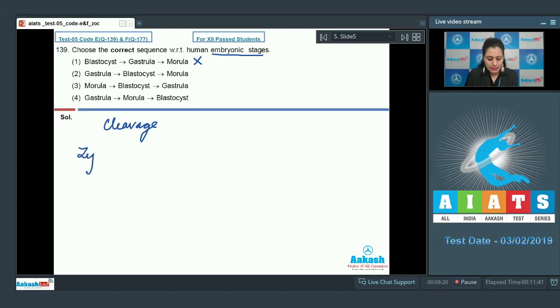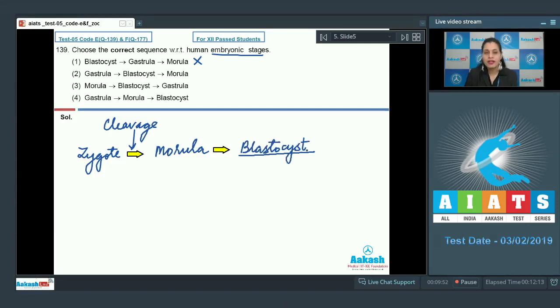The very first step is zygote formation, and this is followed by cleavage, thereby forming morula, which contains 8 to 16 blastomeres, and this is followed by the blastocyst stage in humans, where the morula also undergoes cleavage to form blastocyst.